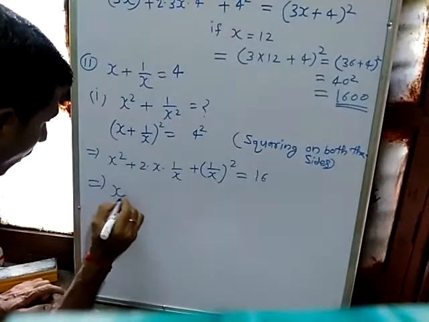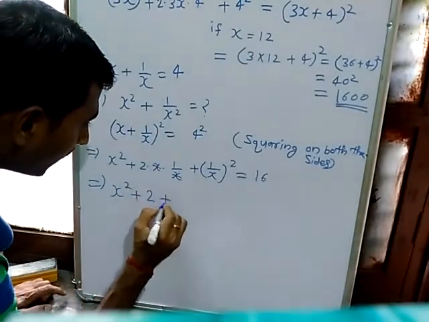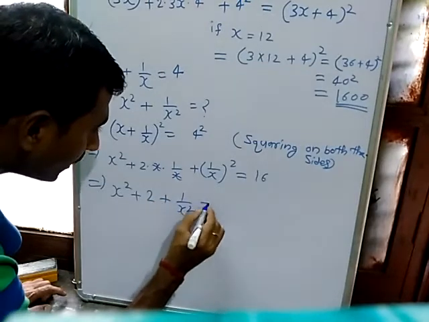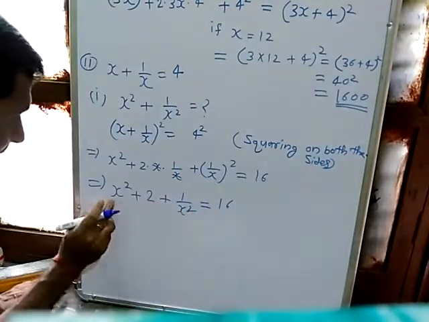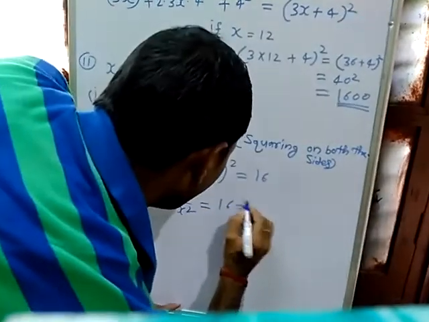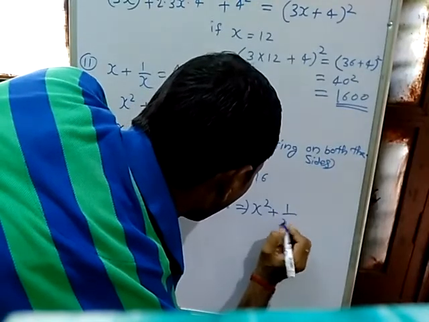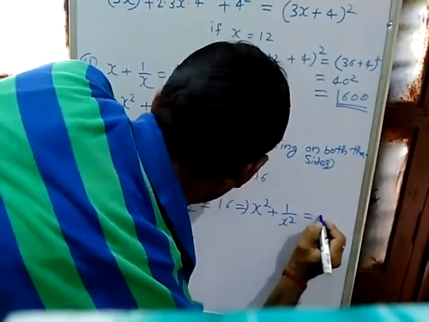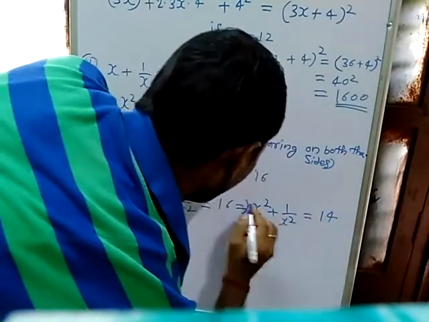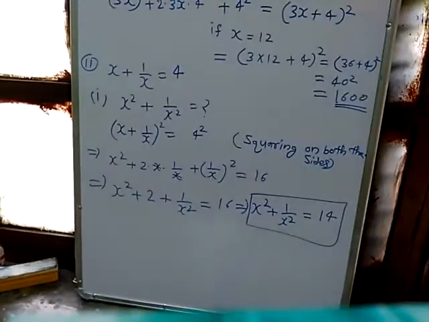Now look, x square plus, this x cancels, what did we get? 2 plus 1 upon x square is equal to 16, but we require the value of x square plus 1 upon x square, so transpose the 2. If I do it this way we get x square plus 1 upon x square is equal to 16 minus 2, that is 14. Look, this is the answer, right? So this is the first part of this question.